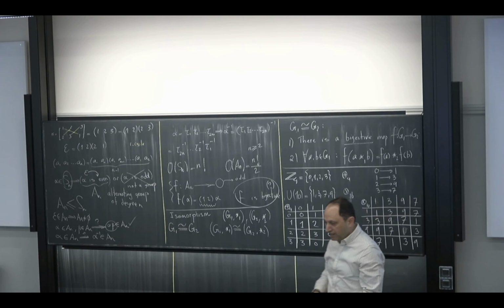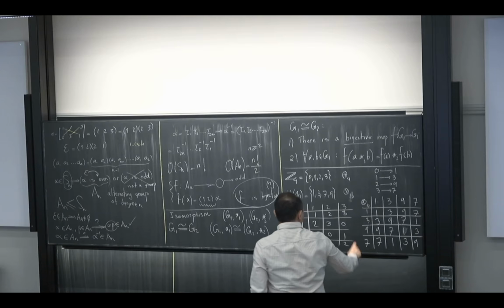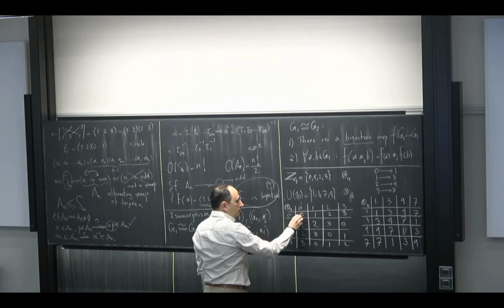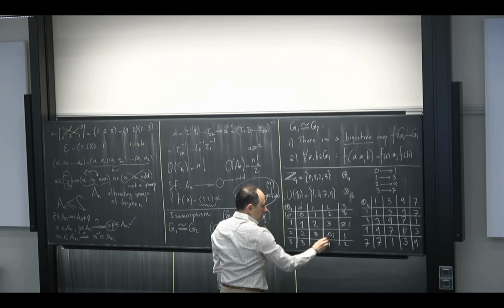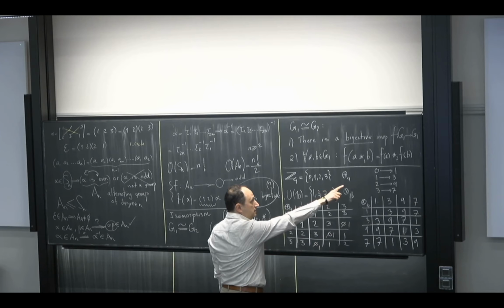So hopefully, if I haven't done something wrong, let us do it together. Let me change my color. Everywhere I see 0, I put 1. Everywhere I see 1, instead of 1, I put 3.